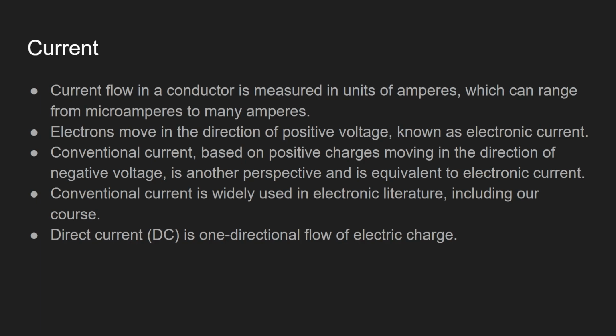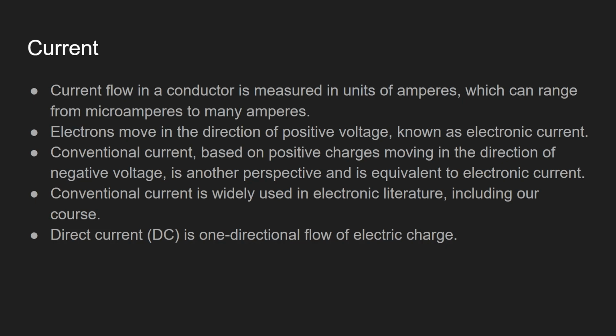Electrons moving in the direction of positive voltage is known as electronic current. All the current we are referring to is the conventional current, so I'm not going to talk about it once again, because the current was defined before they found the electron. They finally found that the electron is negatively charged and moves in the opposite direction to the current.